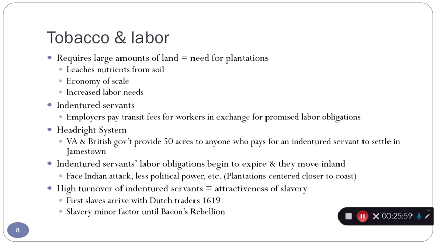The first slaves in Jamestown arrive in 1619, but slavery is not a terribly sizable part of the labor population in Jamestown until after the 1670s. And there's an event in 1676 that's known as Bacon's Rebellion, which we'll get to here in a moment.